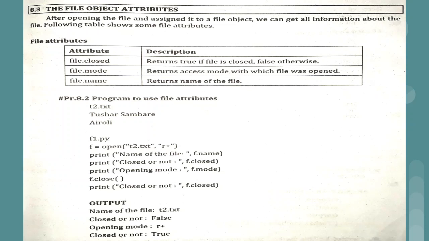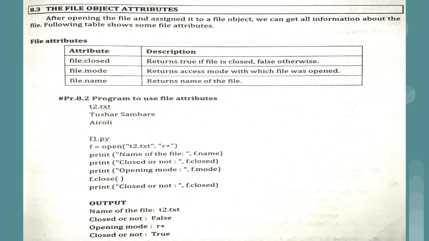First we have one file, t2.txt, which contains 2 lines, Tushar Sambre and Airoli. After that we have created one Python file, f1.py.